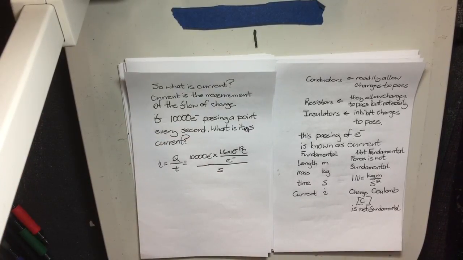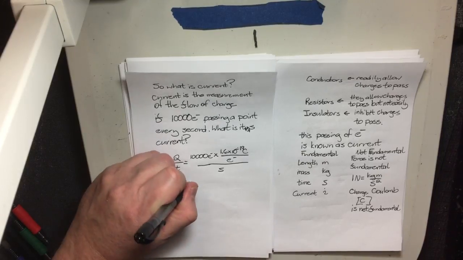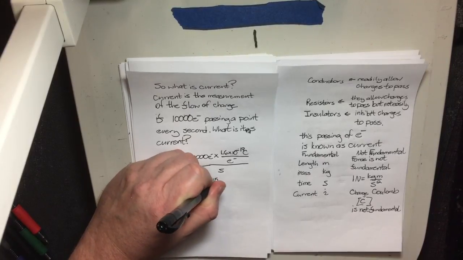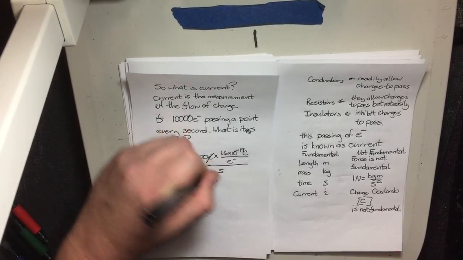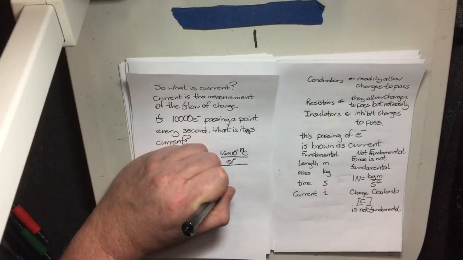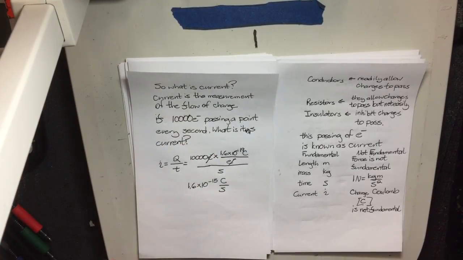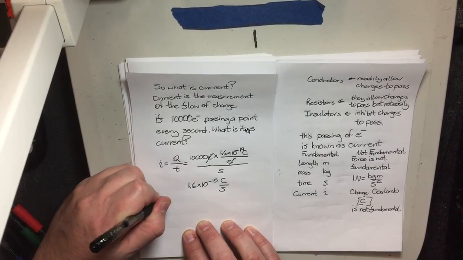And what we get, well, that's 10 to the fourth, so this is 1.6 times 10 to the negative 15 coulombs per second. Those are the units for current.